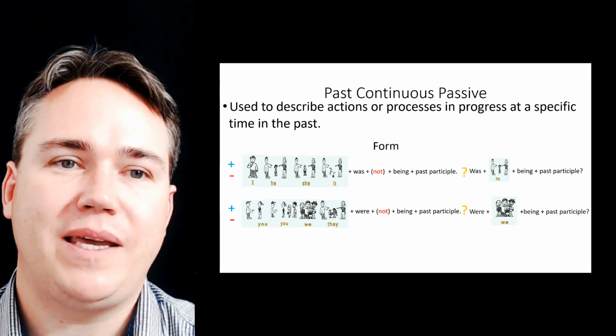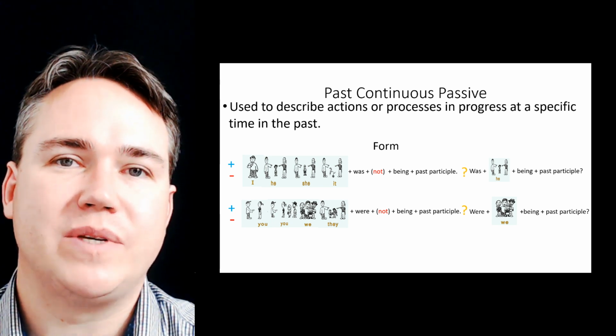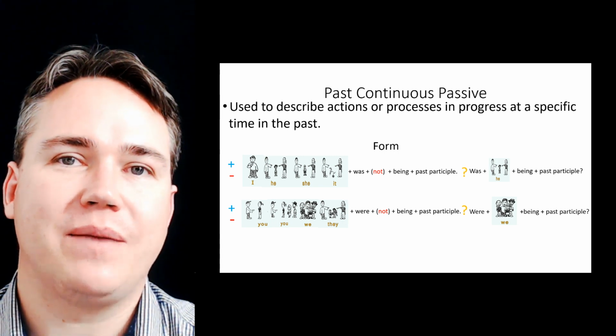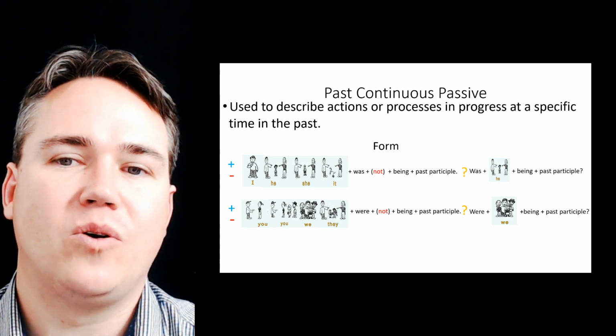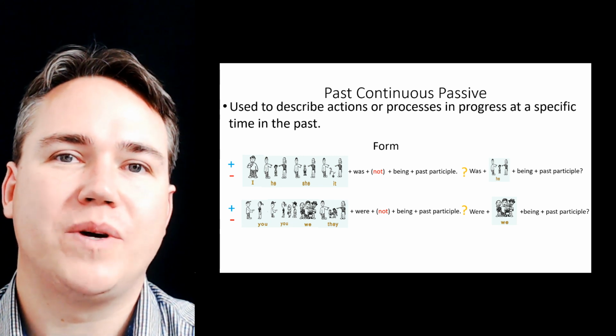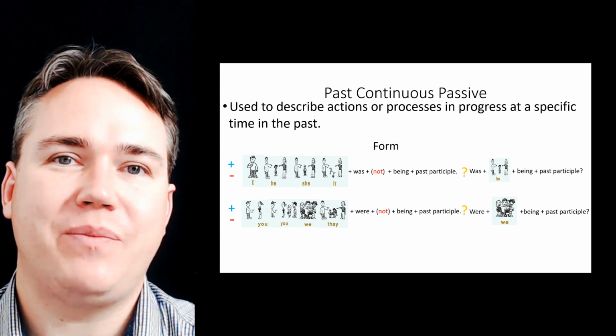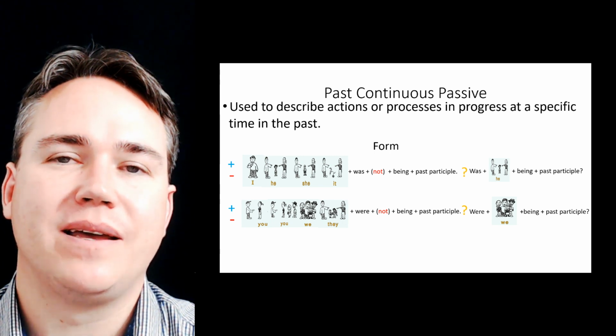I was being, he was being, she was being, it was being, and past participle. Or was I being, was he being, was she being, was it being, and past participle. You were being, we were being, they were being, and past participle.